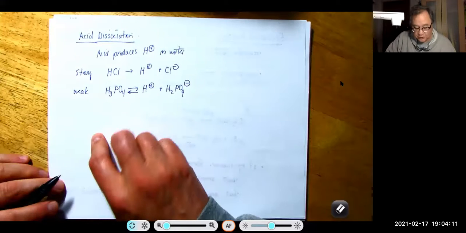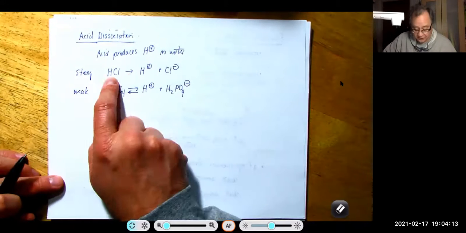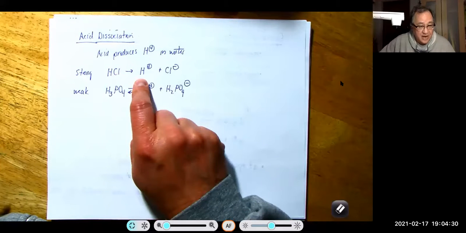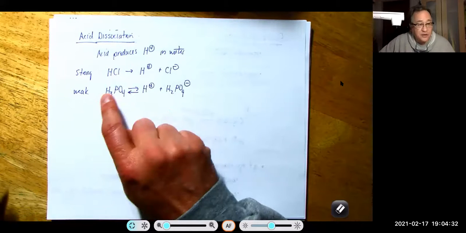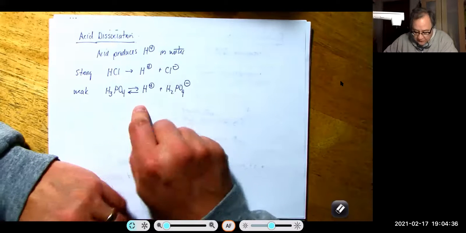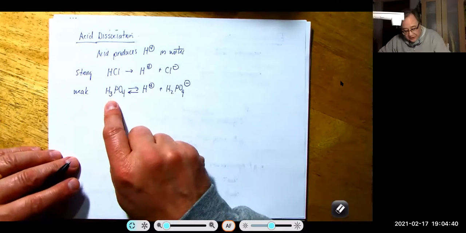And the reason this is strong is because it's a one-way reaction. The reason this is weak is because it's reversible. So one way to think about this is that HCl likes to give up its hydrogen ion and H3PO4 does not. A really interesting thing is when you look at these formulas, this H3PO4 can actually do the following.